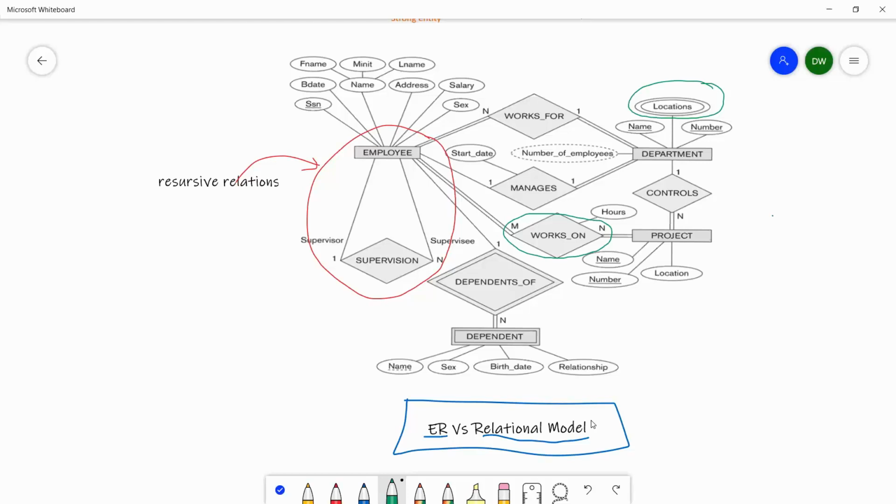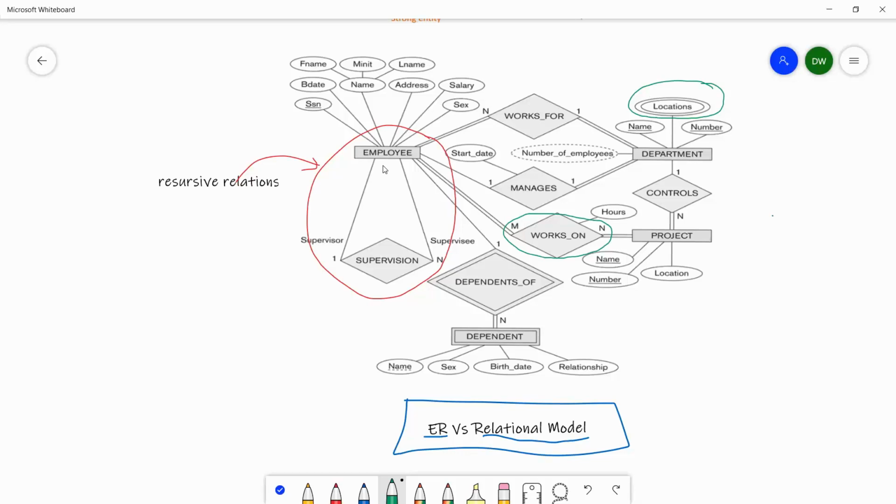When you are converting, you have to consider two things: the multivalued attributes you have, and the many-to-many relationships you have. Whenever you have a multivalued attribute, you have to have a separate entity for that. And when you have a many-to-many relationship, again you have to have a separate entity for that.